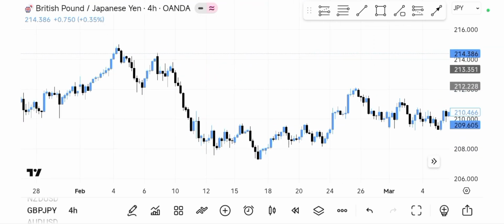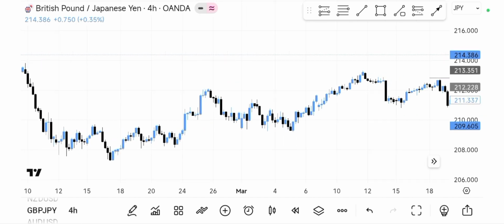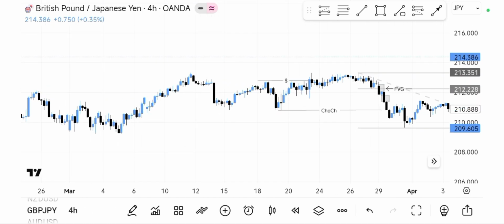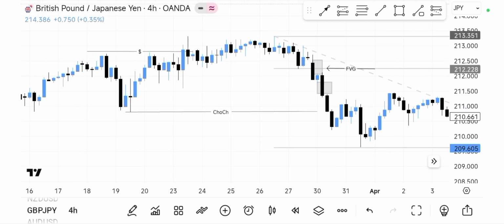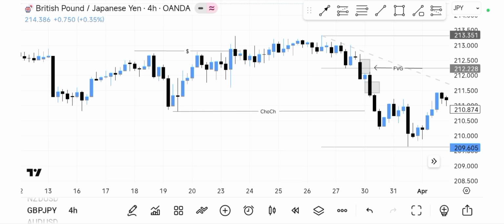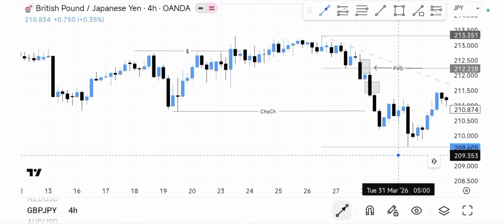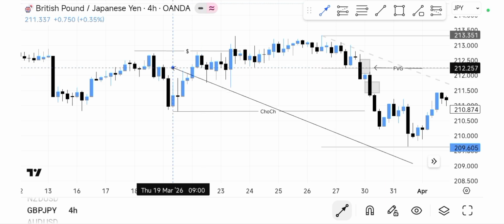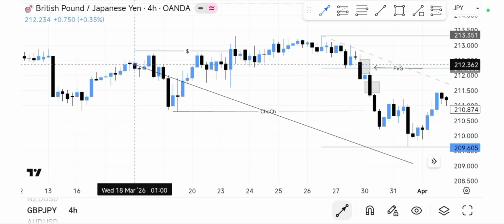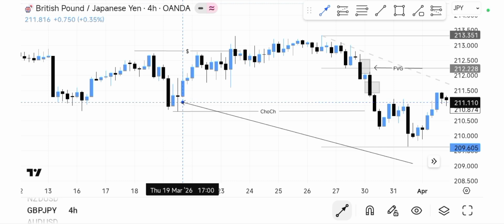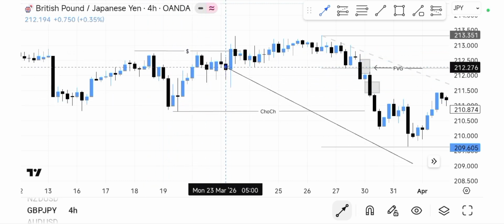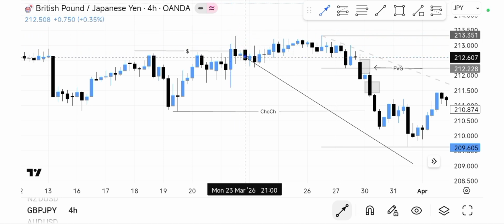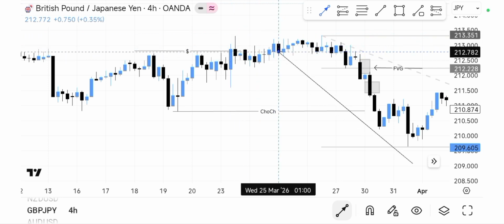The first trade was taken on GBP JPY on the 4-hour time frame. This was my first trade on GBP JPY. As you can see over here, price was moving in an uptrend direction, and there was liquidity that was formed where price wicked through the liquidity and moved back into structure.